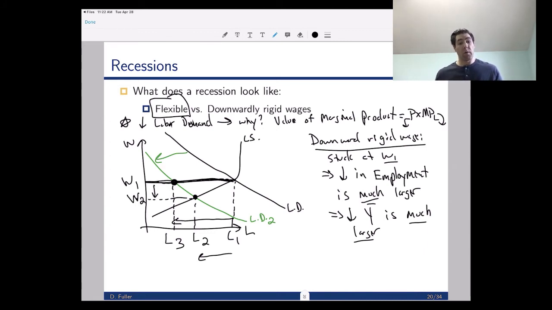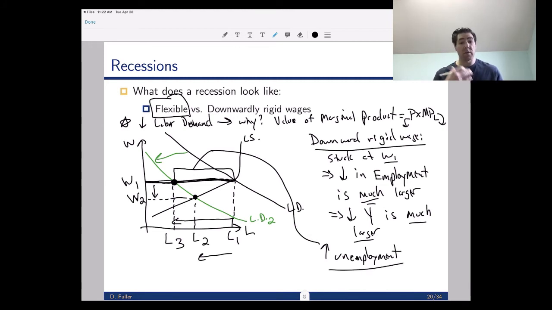Now, the other important part is that this creates some additional unemployment. These are people that are involuntarily unemployed. At the current wage, W1, the number of people that want to work is L1. That's the quantity of labor supplied when the wage is W1. However, only L3 of those people actually get to work.